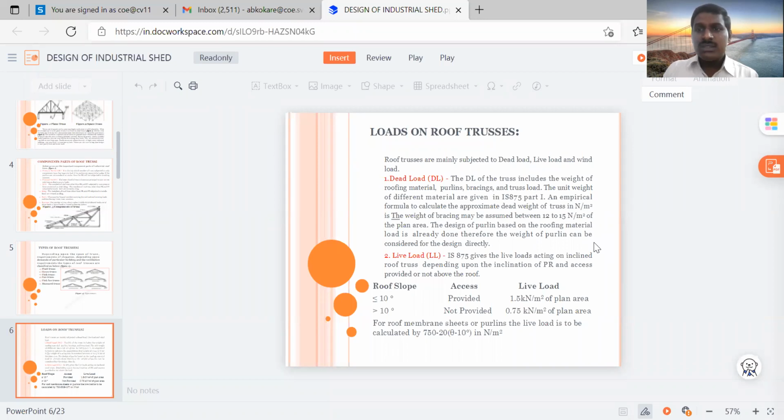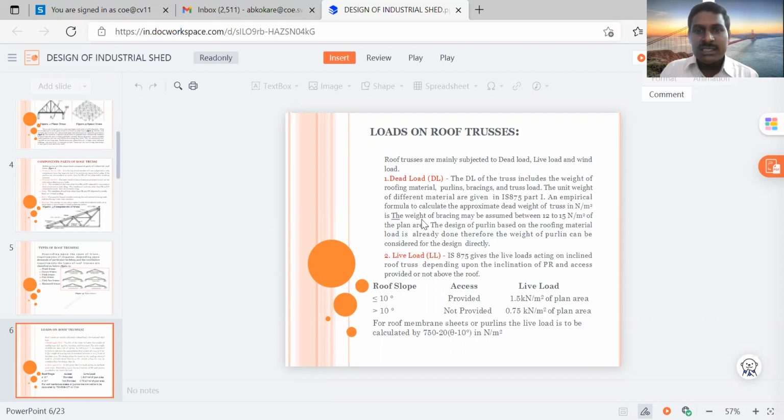The unit weights of different materials are given. It means the self weight of this particular roofing material and purlin is given in IS 875 part 1. So IS 875 part 1 is used for the calculation of the dead load.